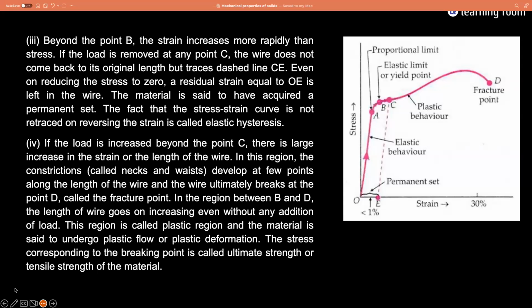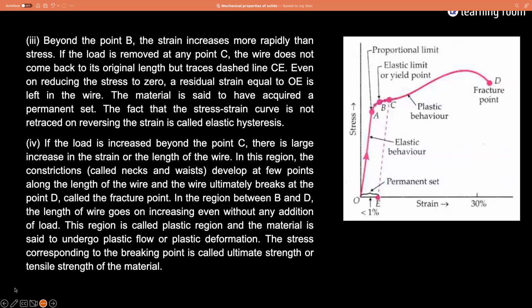Residual magnetism. Where is it acquired? It has acquired from some other magnet. In a similar way, this is called residual strain. Why is it residual strain? Because it is existing. Some residues are existing. So that is why the name is given as residual strain equal to OE left in the wire.